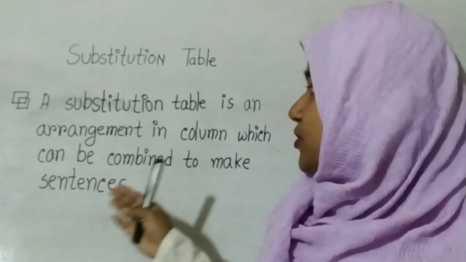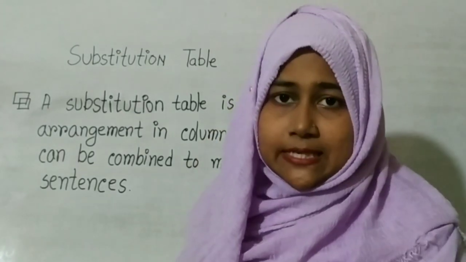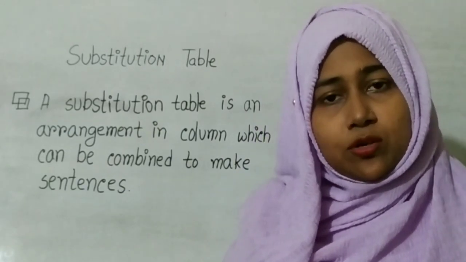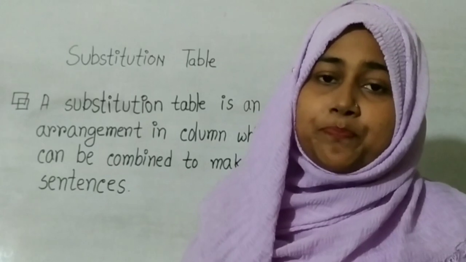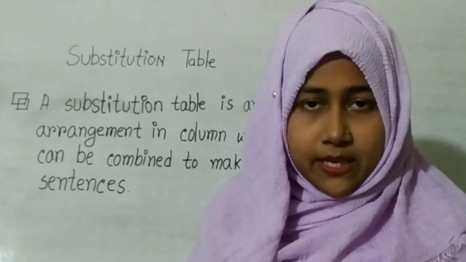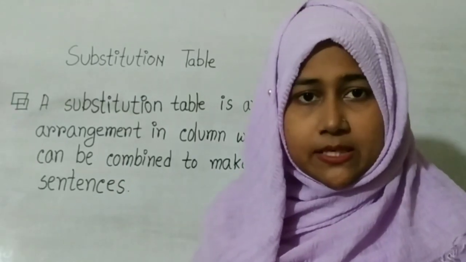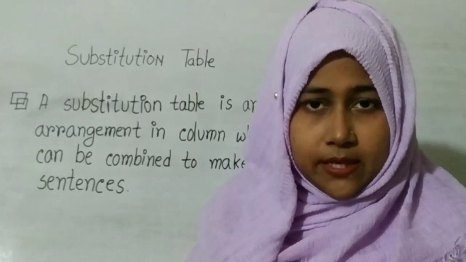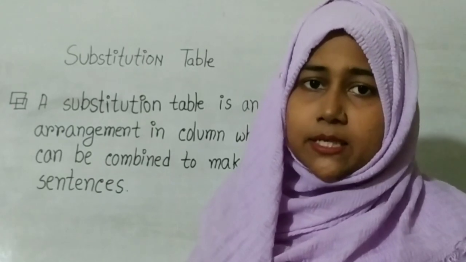So when you are able to complete 5 sentences from the substitution table, it will help not only for getting 5 marks but also for increasing and improving your writing skill.